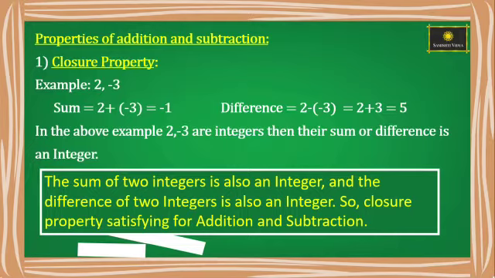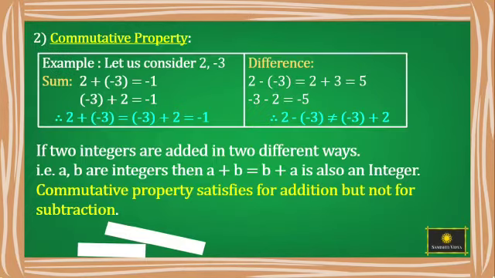Now let's see commutative property. Let us add any two integers irrespective of the order in which they are given. Let's begin with an example. Add 2 and minus 3. 2 plus minus 3 is equal to minus 1. Minus 3 plus 2 is also minus 1.